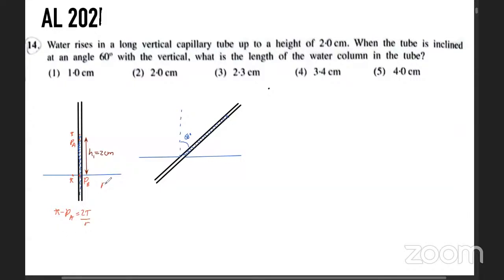And the other thing here, you can say PB is equal to pi. And the other thing is PB is equal to PA plus h1 rho g. So PB minus PA is equal to h1 rho g, and that can also be written how?